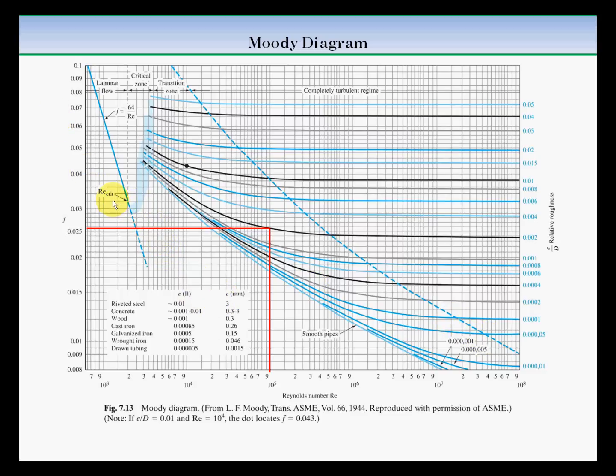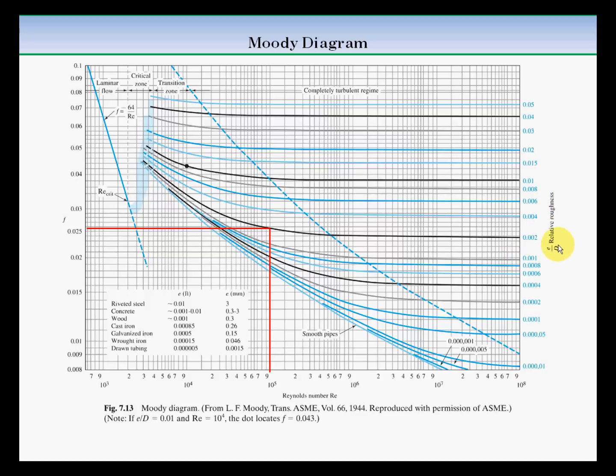So if you were using the equation for laminar flow, remember we learned that the friction factor will be a linear relationship with Reynolds number, which is f is equal to 64 over Reynolds number. But as the flow becomes turbulent, then we use those empirical equations that we talked about. So this is how you can find out the friction factor from Reynolds number and relative roughness.